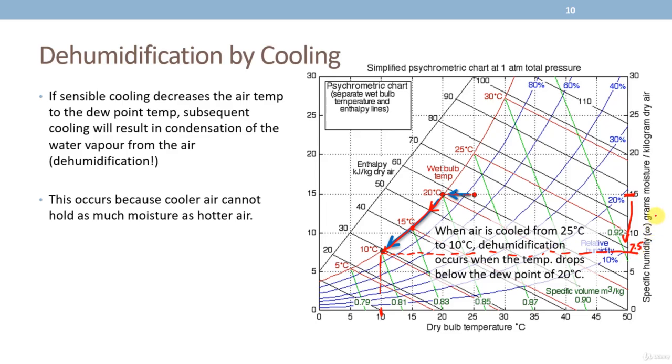So by doing cooling, you are effectively dehumidifying the air at the same time. That is what happens in a building context, and we will supply this cold air to the room and it will get heated up again. And this process happens at the air handling unit. Thank you.